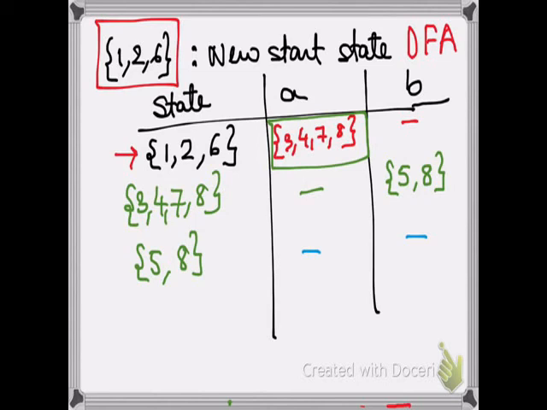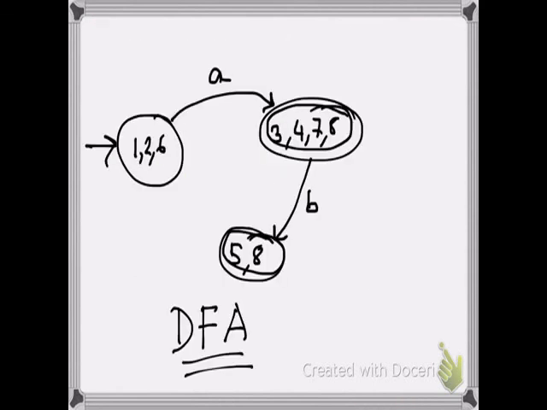So what I have here now, there are no more new states which are generated. So this is the transition table of our DFA. And we got how many states? We got 3 states. The first state is a combination of the old states of the NFA, that is state 1, 2 and 6. Okay, so we can draw it like this. 1, 2 and 6 here.